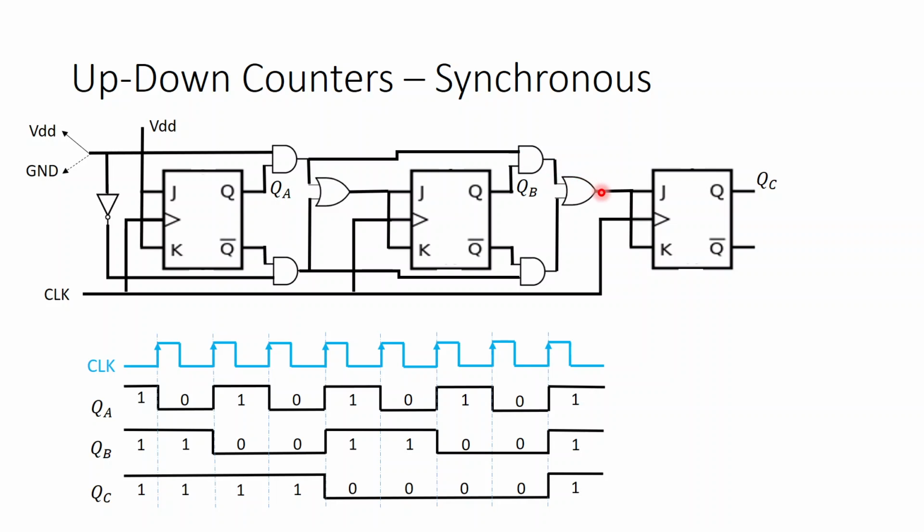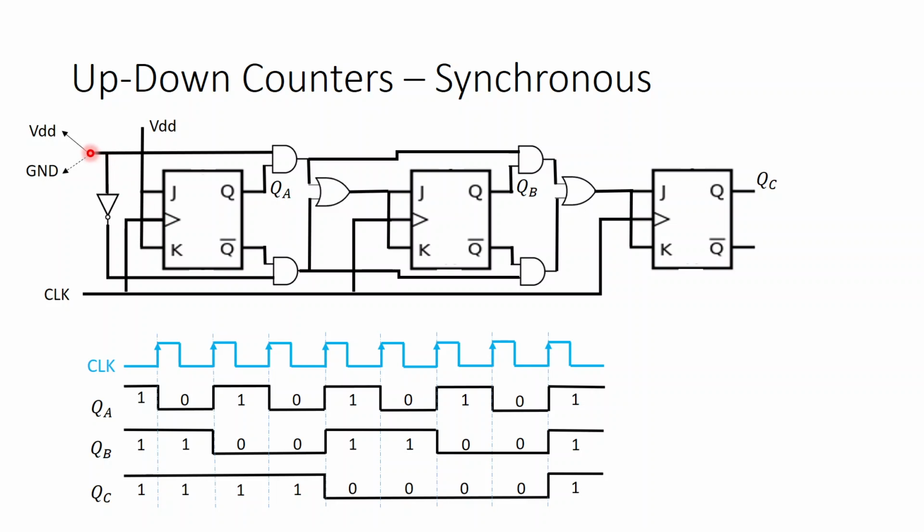All the flip flops are getting triggered as per the state of the previous flip flop outputs. When all the previous flip flop outputs are 1, then the present flip flop output will change. And you see the first flip flop has J and K connected to VDD.